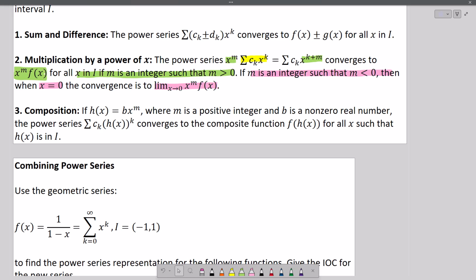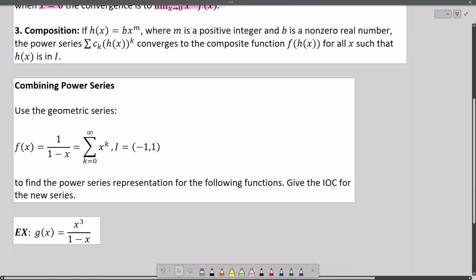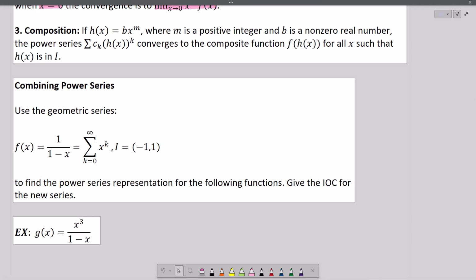And those x to the m's just cancel. Right? If you have an a sub k right here, if you multiply by x to the m for your a sub k, when you create your a sub k plus 1, there's no k in the x to the m. So you're going to end up with an x to the m in both top and bottom. They cancel out, so it's not going to affect the interval of convergence.